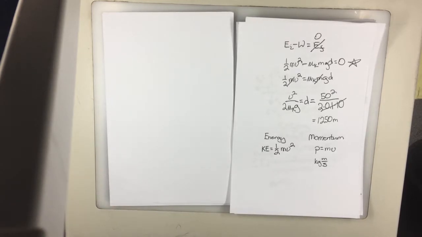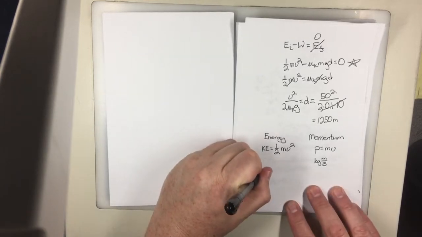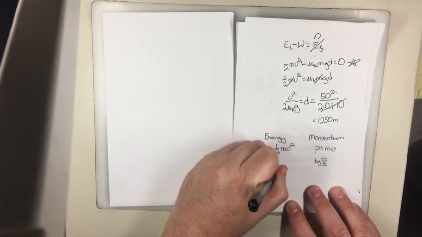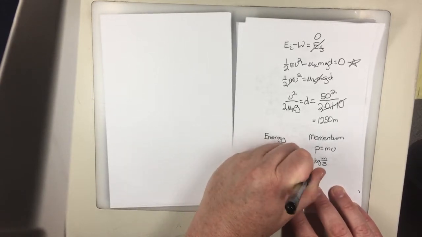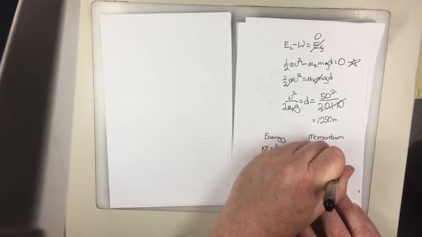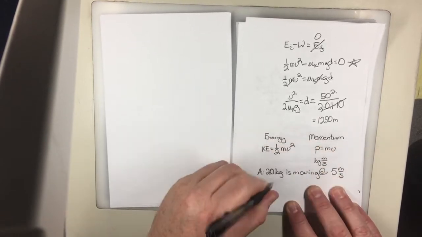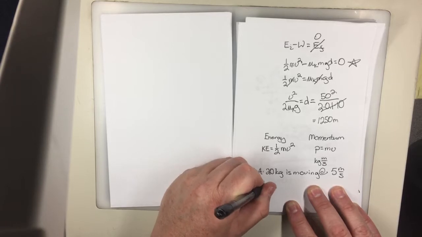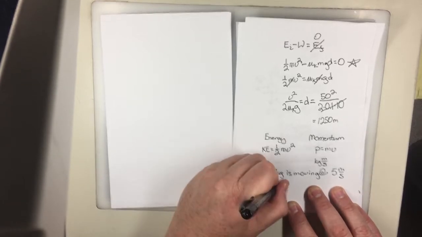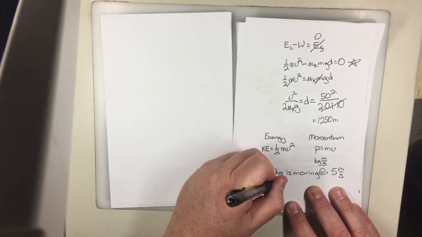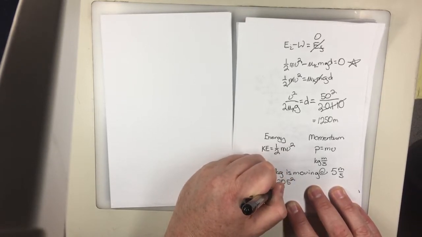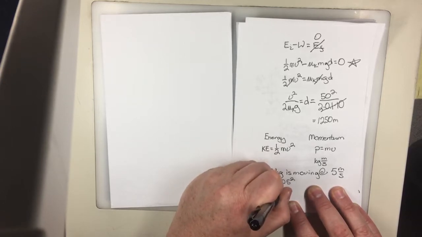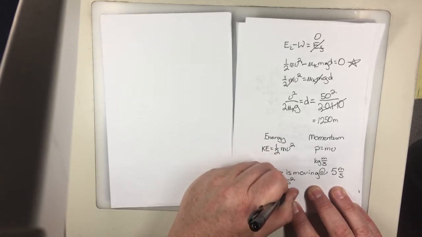Now, if you have an object and it is moving, so a 20 kilogram object is moving at 5 meters per second, its kinetic energy is 1/2 times 20 times 5 squared. 20 divided by 2 is 10. 10 times 25 is 250 joules.